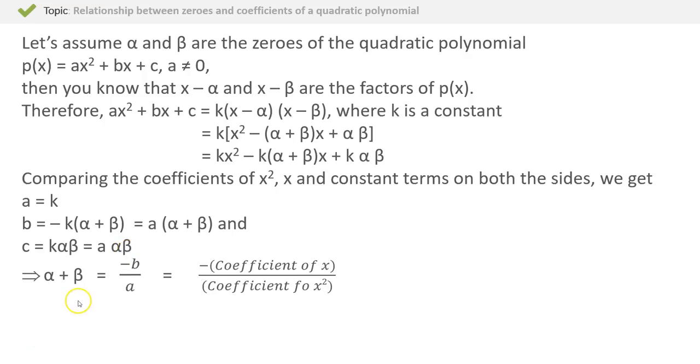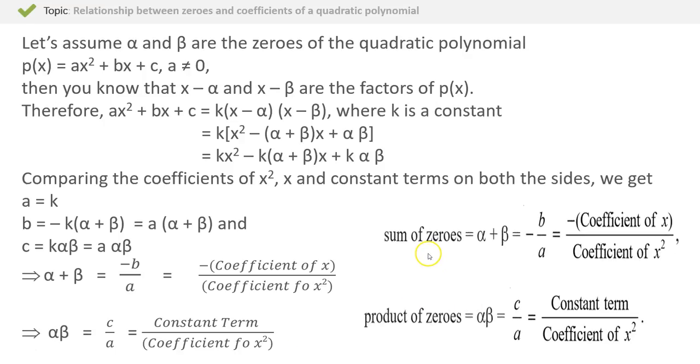And hence we can conclude from the first relation, alpha plus beta is equal to minus b by a, which is nothing but minus b, the coefficient of x, and a, the coefficient of x square. So alpha plus beta equal to minus b by a, which is nothing but minus coefficient of x divided by coefficient of x square. And alpha into beta is c by a, which is the constant term divided by coefficient of x square.